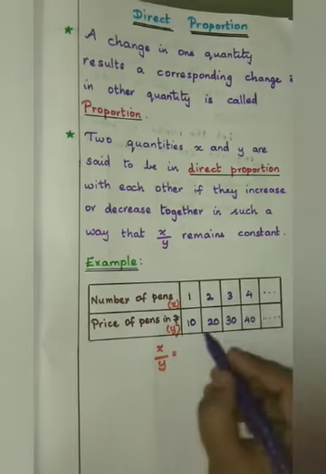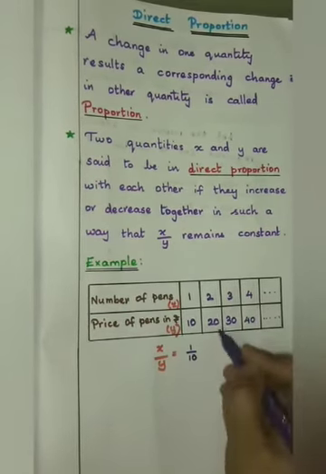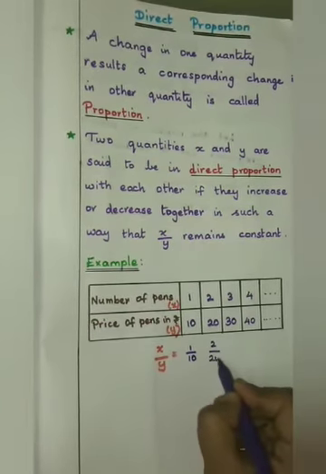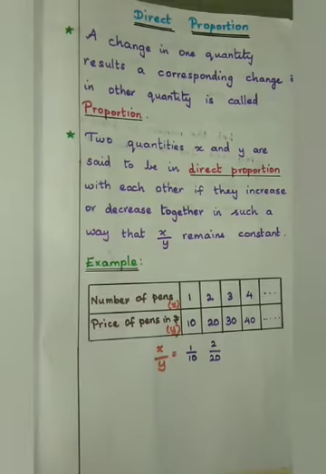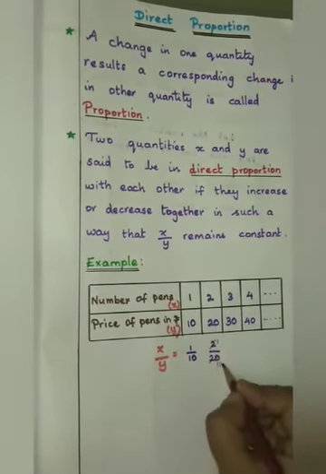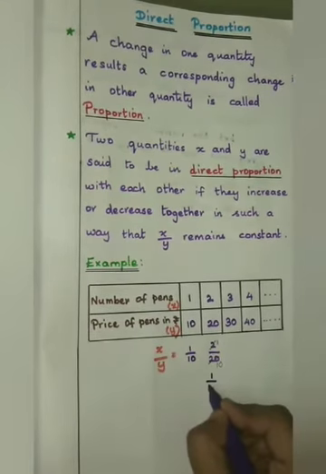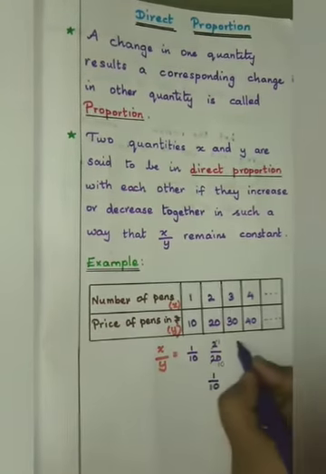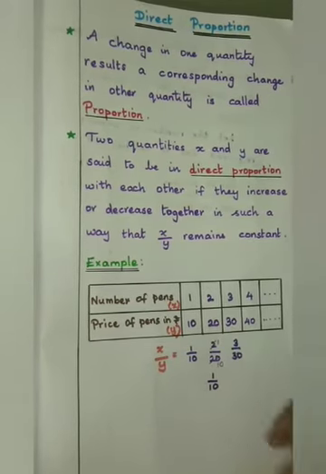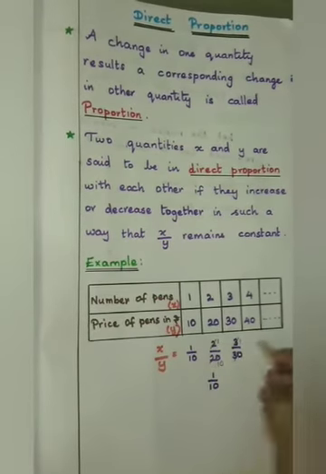in the first case we get 1 by 10. The second case we get 2 by 20. You can cancel this using the 2 table. After simplifying, we get 1 by 10. The third case we get 3 by 30. Using the 3 table, cancel.